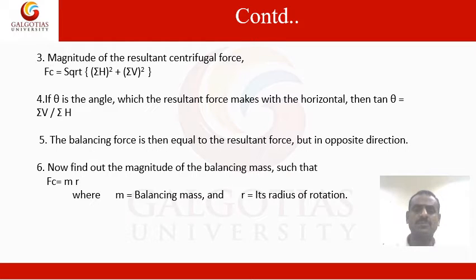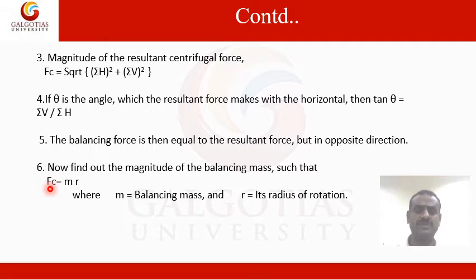The balancing force is then equal to the resultant force but in the opposite direction. Now find out the magnitude of the balancing mass: Fc equal to m into r, where m is the balancing mass and r is the radius of rotation. Now we already determined this Fc, that is, the resultant force.